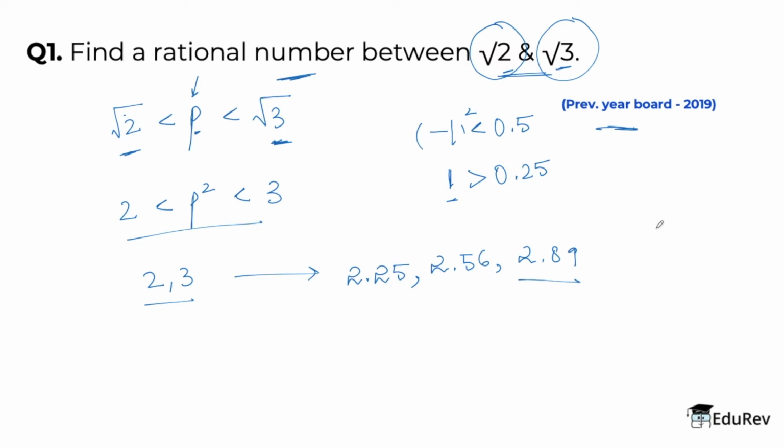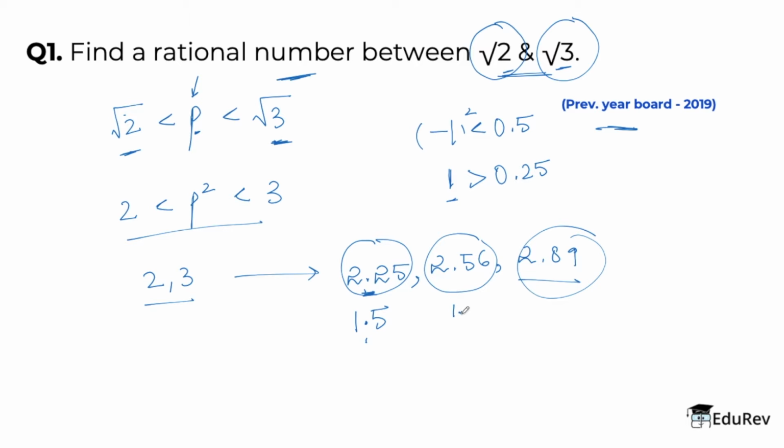Now if I take the square root throughout these numbers, I know that 1.5 squared is going to be 2.25, so the square root of 2.25 is 1.5.